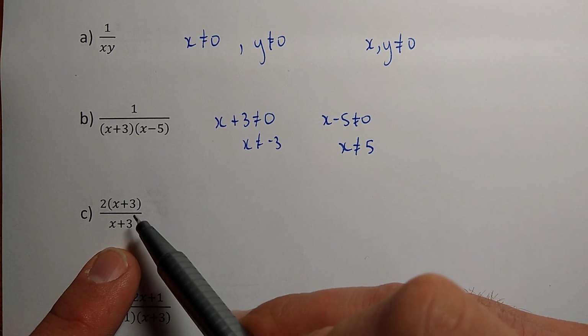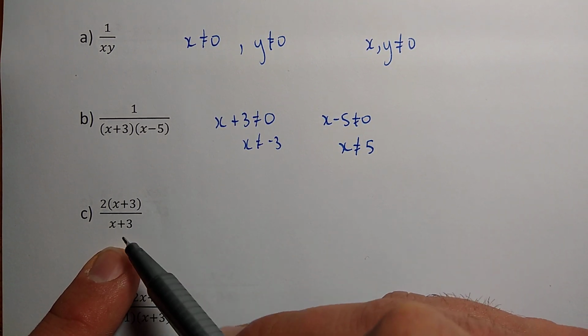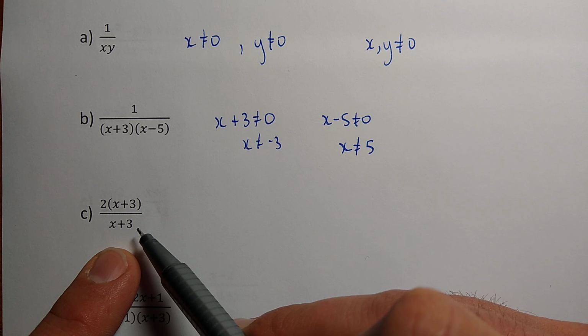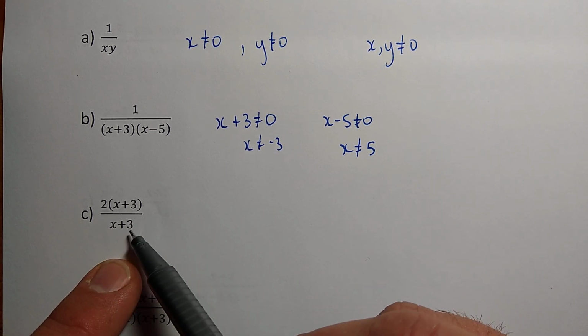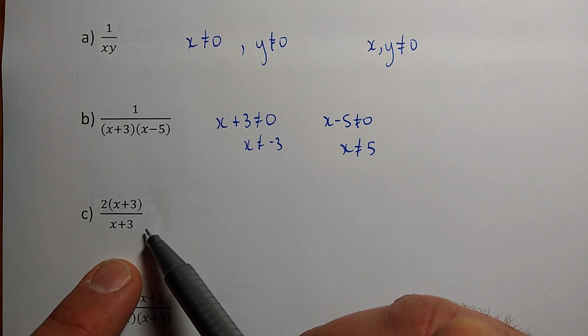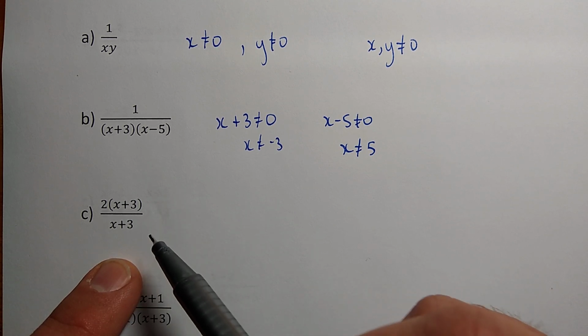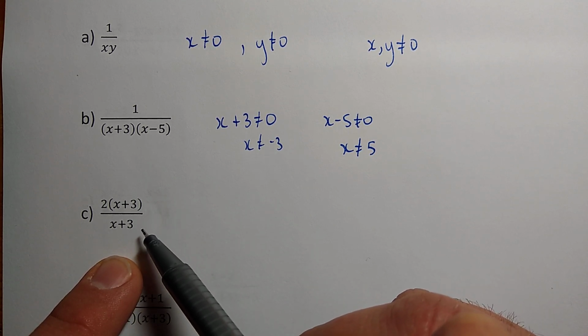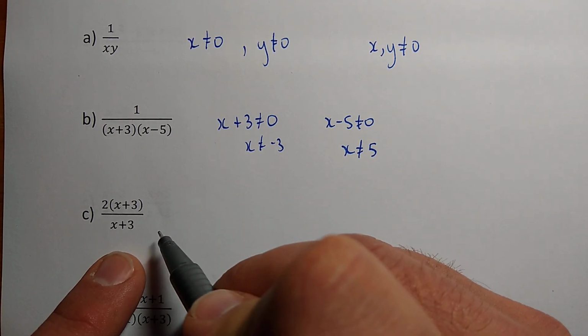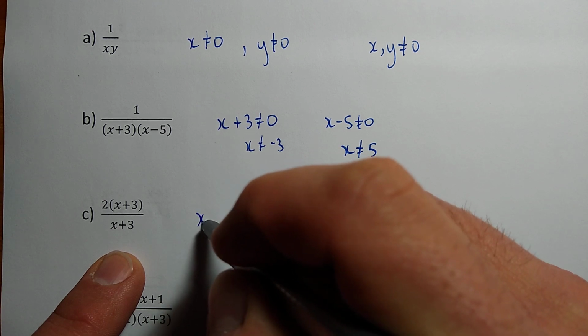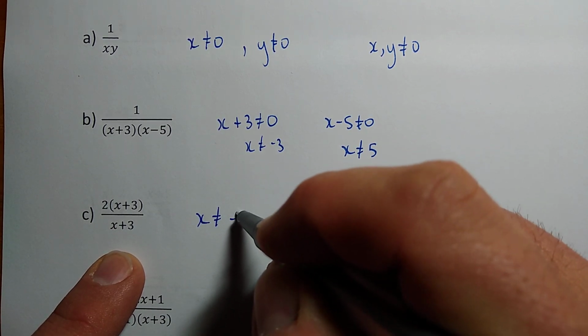Now here, 2 times x plus 3 divided by x plus 3. It is true that you could cancel x plus 3 out of the top and bottom, the numerator and denominator, to get a simpler expression, 2. However, I don't need you to do that in order to find the restrictions on this expression. The restriction here is that x can't be equal to -3.